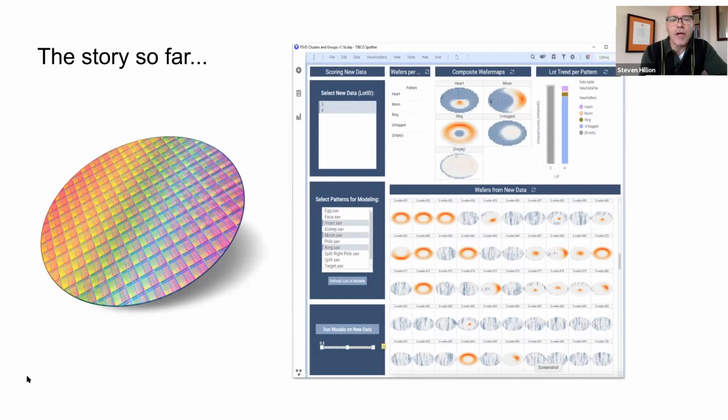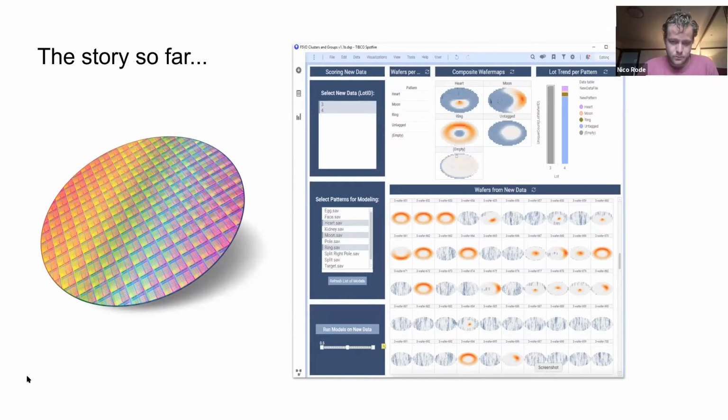Most of the time they look like these sort of blank blue wafers that you see on the Spotfire dashboard there. But often you have these patterns essentially indicating that something's gone wrong: rings around the edge, or half moon shape or heart shape or scratch, indicates something's gone wrong in the manufacturing process. And we want to track those down and find out why they happened. That's really the purpose of this project. And it can save millions of dollars on a regular basis.